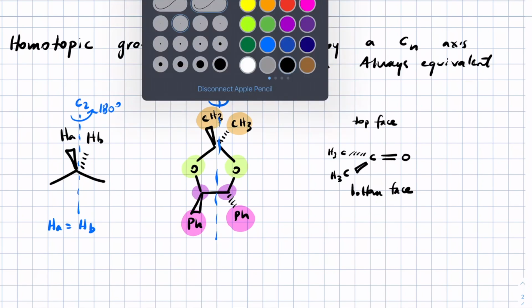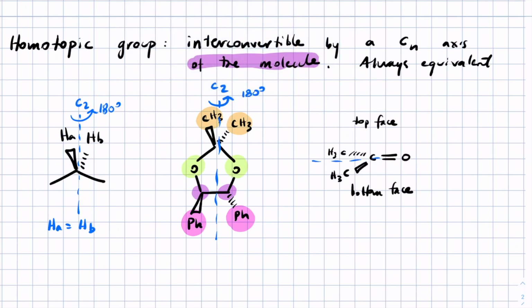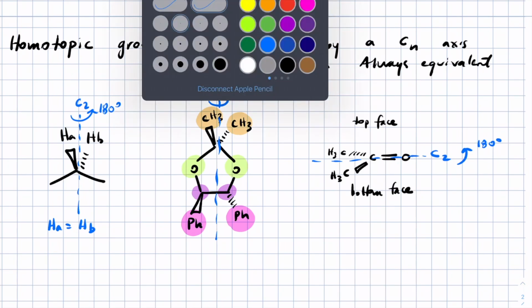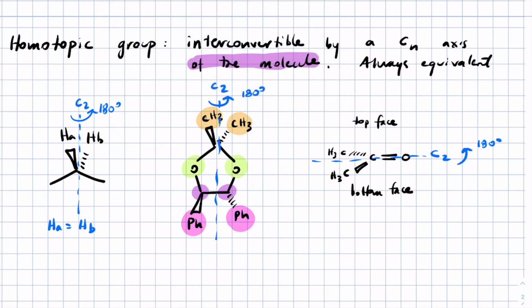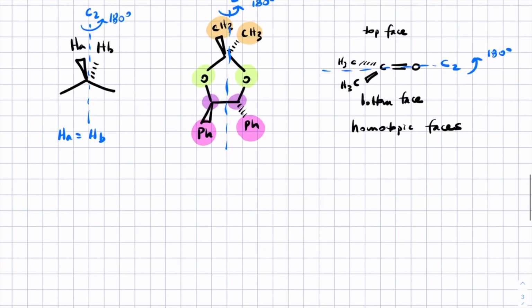In this case, we have a C2 axis of symmetry that can convert the faces into each other. What used to be the top face can become the bottom face. So these are what we will call homotopic faces.